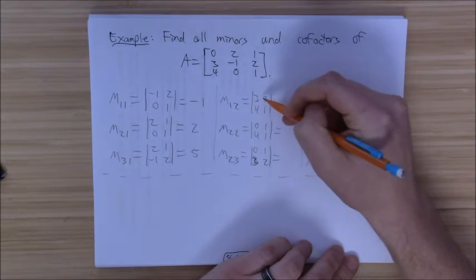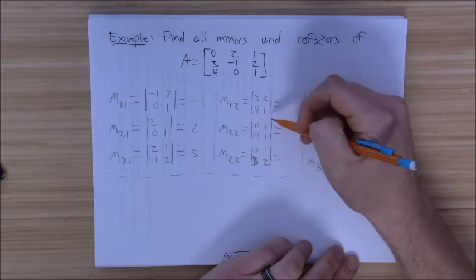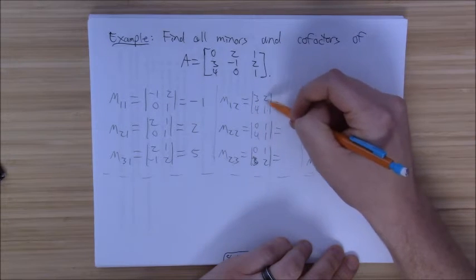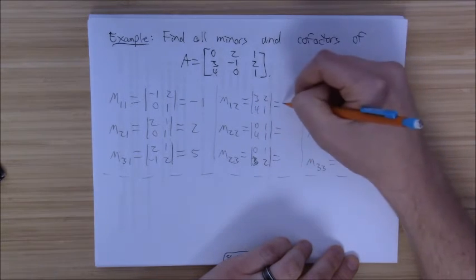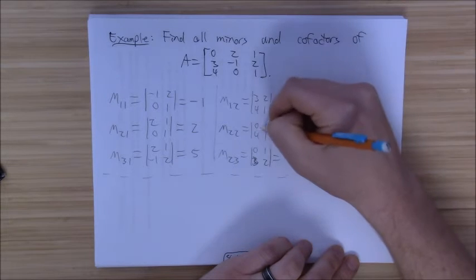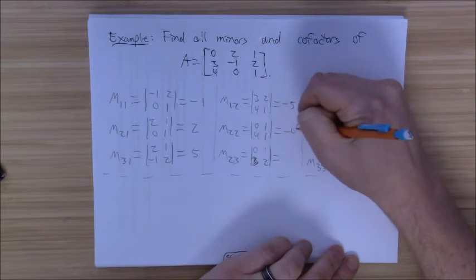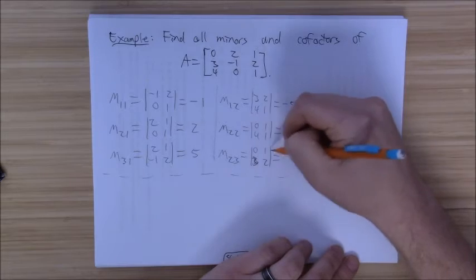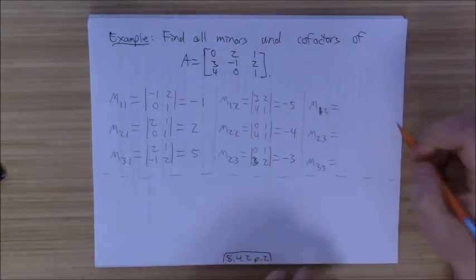Going through and calculating these determinants, we're going to have a 3 minus an 8, so that's going to be -5. Here we're going to get 0 minus 4, so -4. Here we're going to get 0 minus 3, so -3.